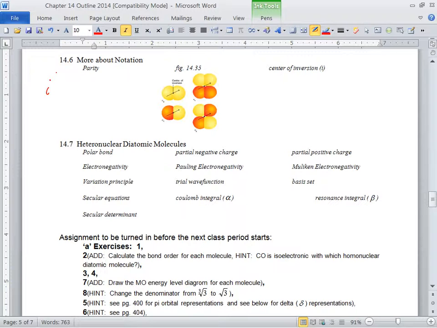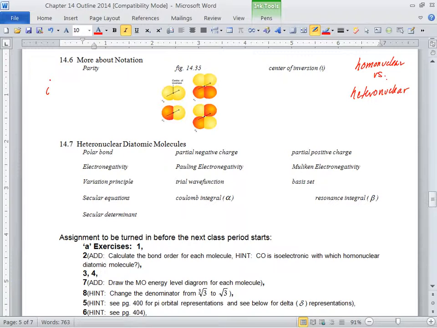So only which one? Homonuclear versus heteronuclear diatomic molecules. Only one of those has a center of inversion. Which one does? Homonuclear, exactly. H2.